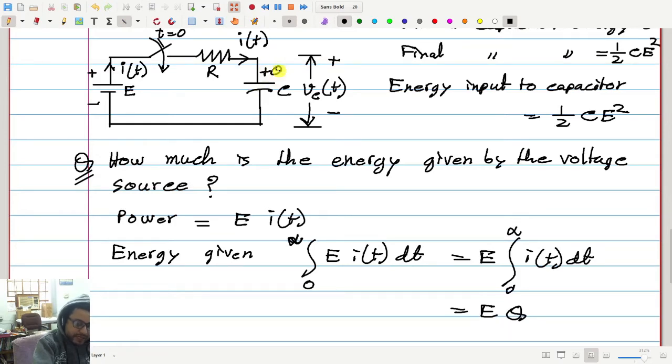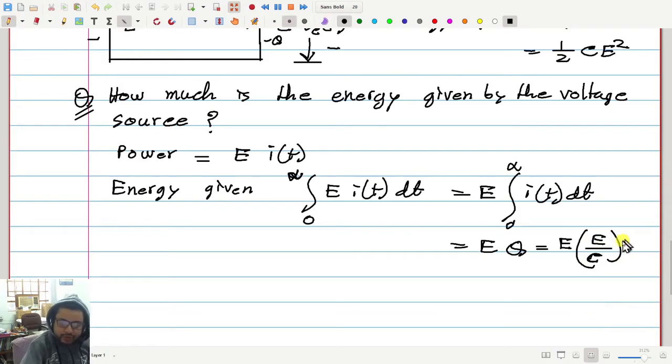And how much is Q? Q is nothing but E divided by C.